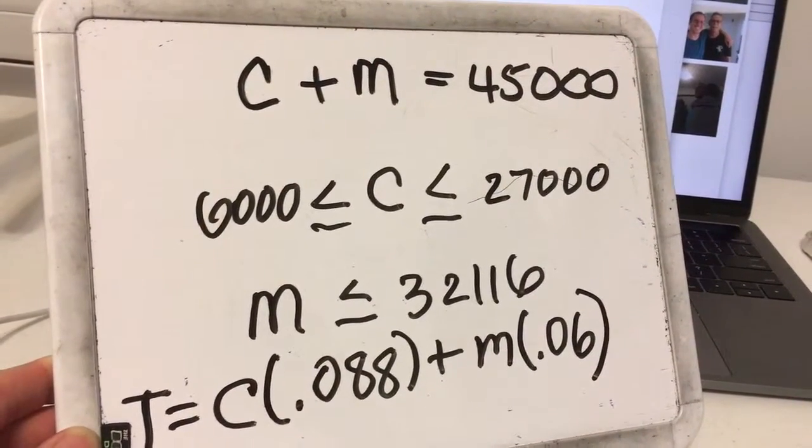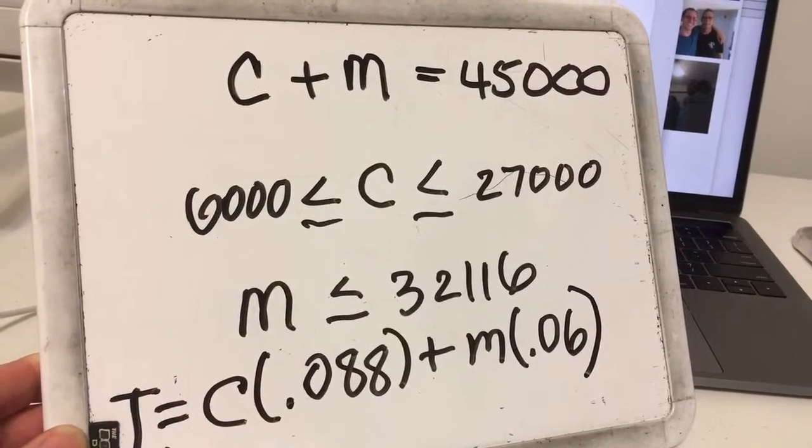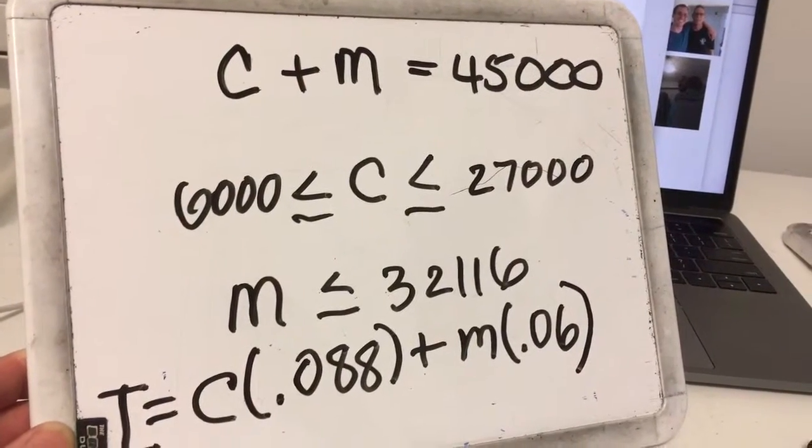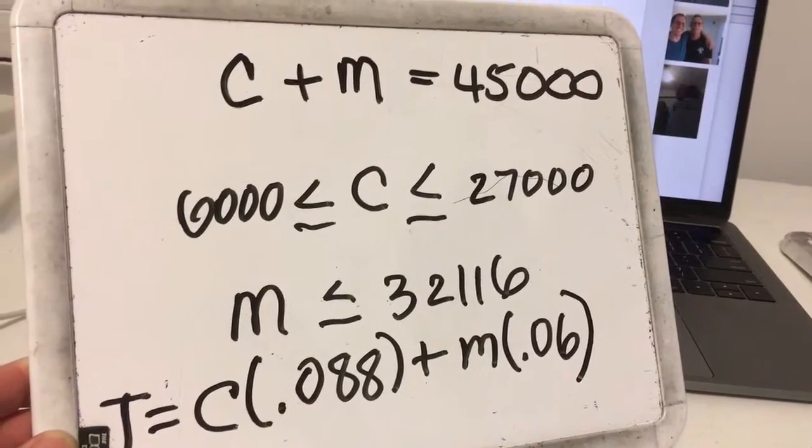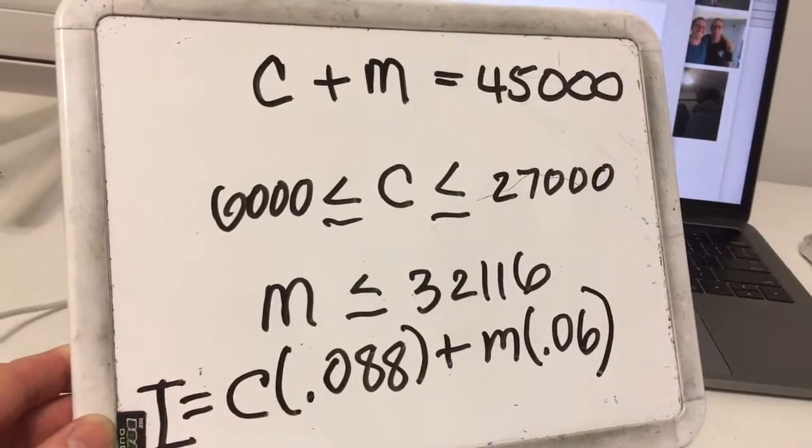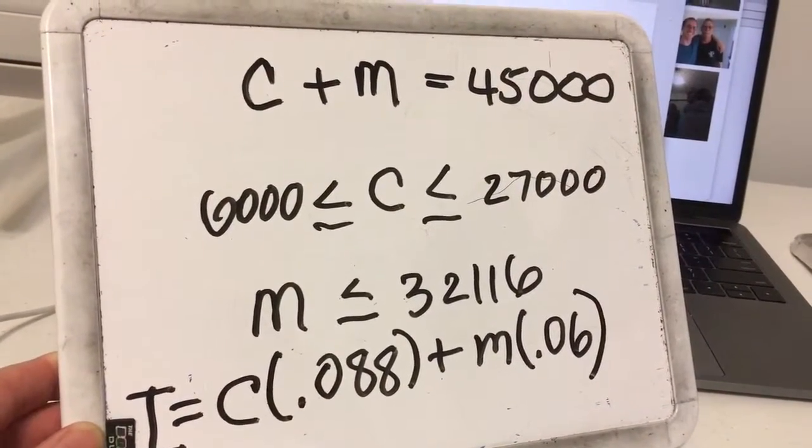And I'm just going to make everything on here, when I'm going to graph it, let's see how we can graph it reasonably. We're going to graph everything in thousands, of course.